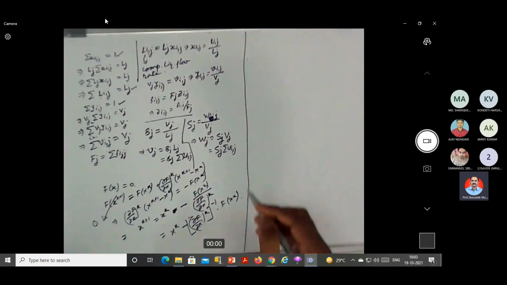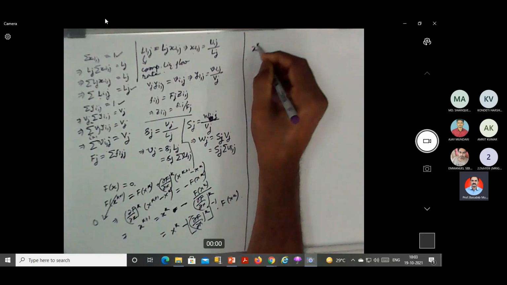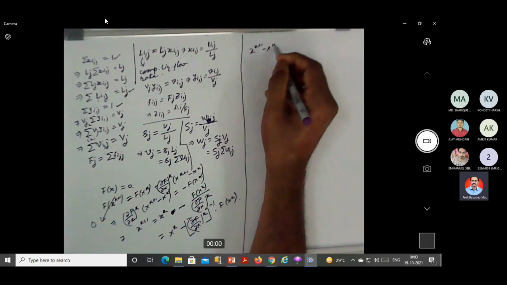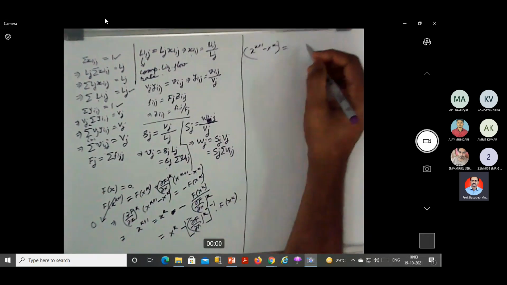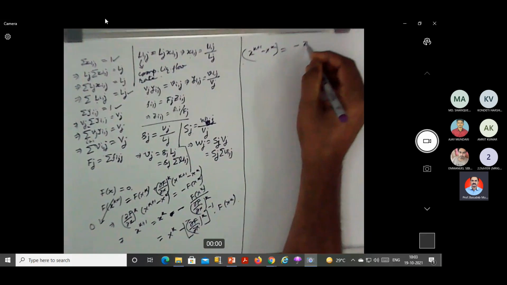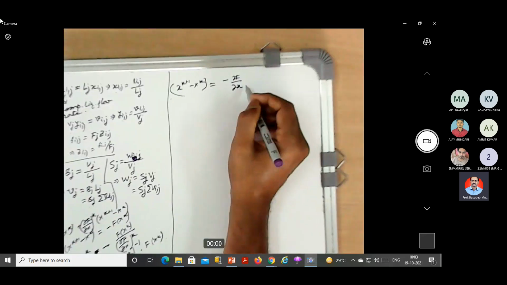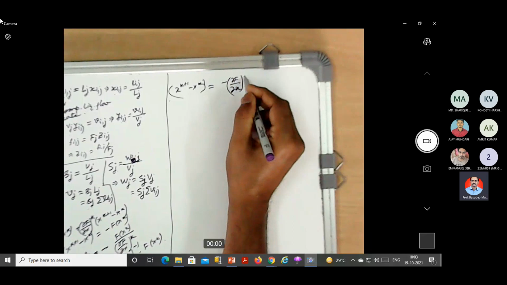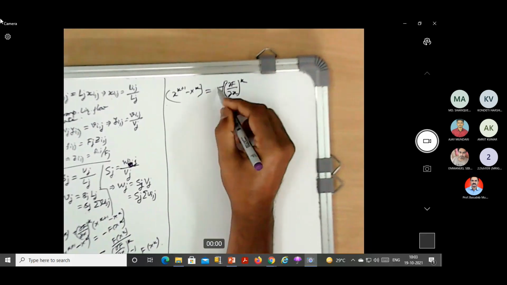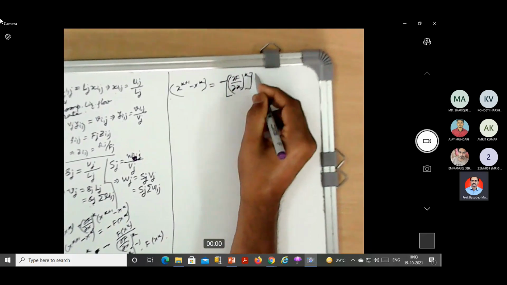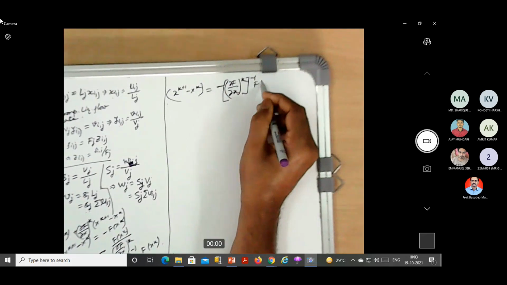In turn we can also write this equation this way: xk plus 1 minus xk equal to minus del f del x k to the power minus 1 into f(xk).